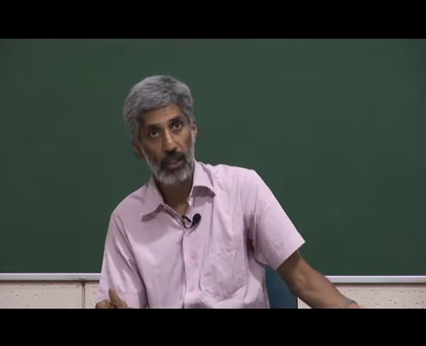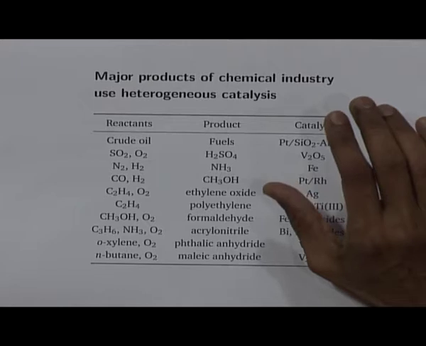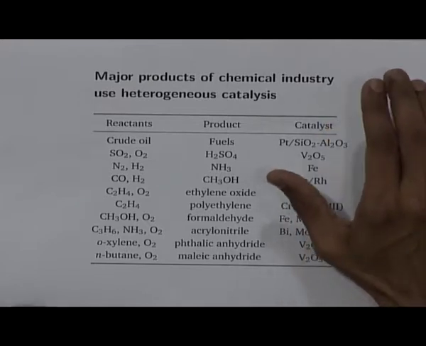But just as importantly, and I have stressed this more number of times than you can imagine, the final key reason for the importance of catalysis is because of its role in chemical industry.